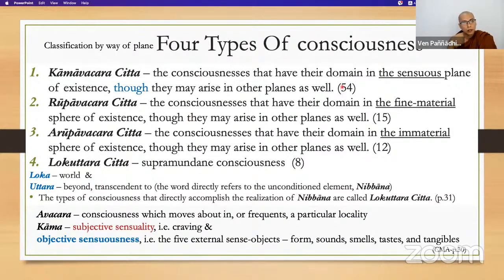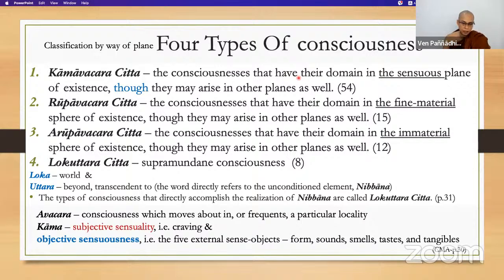The 54 consciousnesses usually occur in the sensual plane of existence. That is why their place or domain is considered to be the sensual plane of existence, the 11 sensual planes of existence.